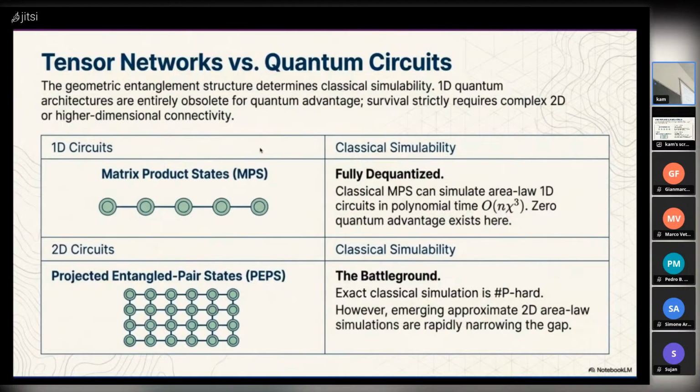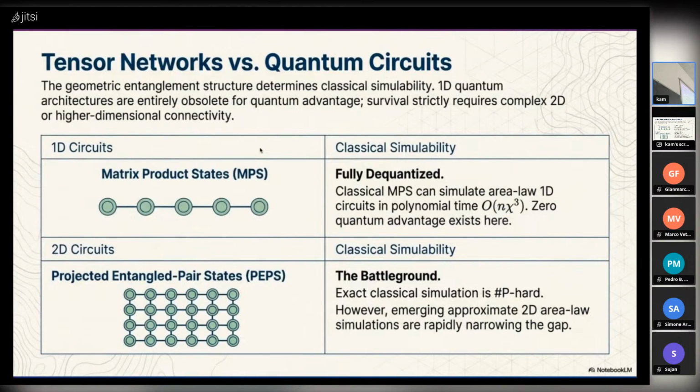So 1D is basically already beaten. But for 2D, people introduce this kind of projected entangled pair state. For this case, there is some theory saying that the exact classical simulation is sharp-P hard, meaning very hard, harder than NP. But if your circuit just has area law entanglement, then there is some approximate simulation.